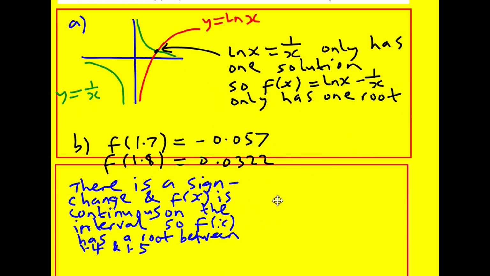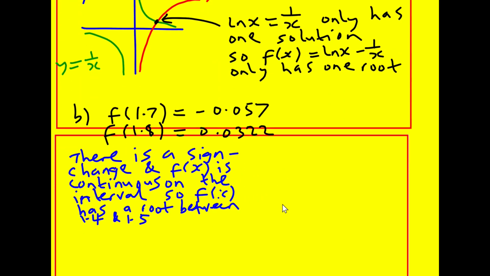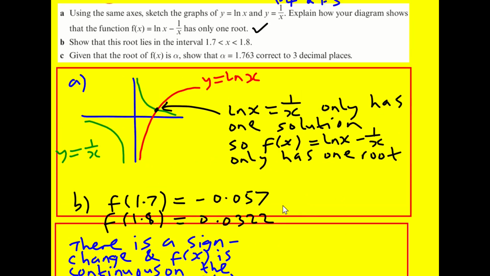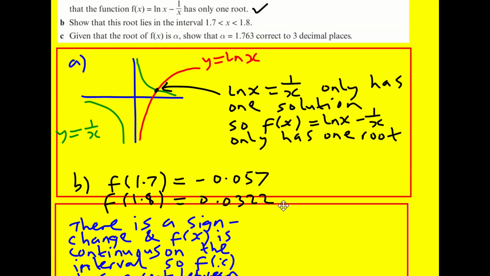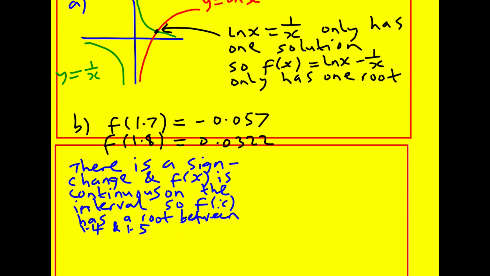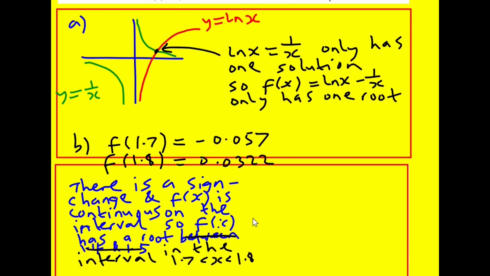There's a sign change and f of x is continuous on the interval, so f of x has a root between it, but this time I'll say in the interval 1.7 to 1.8.